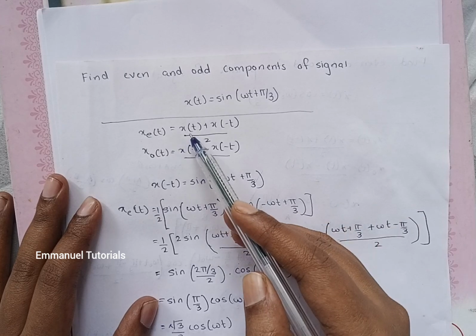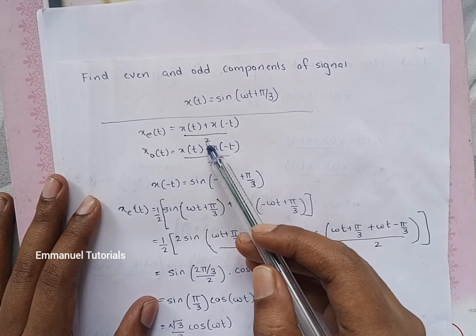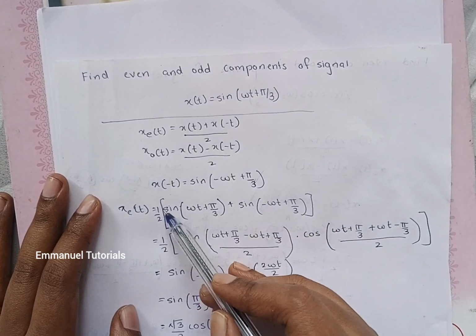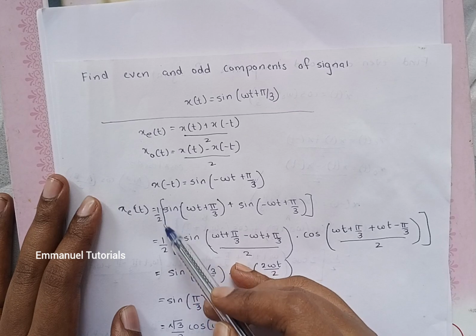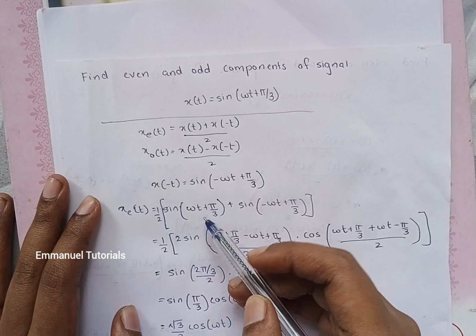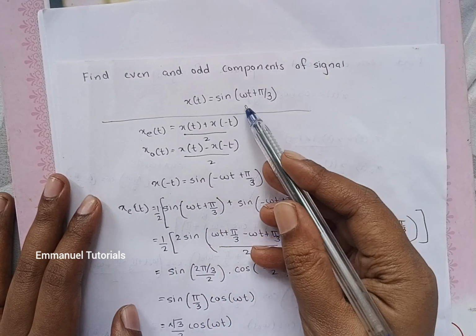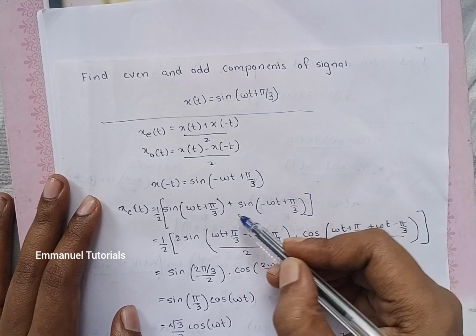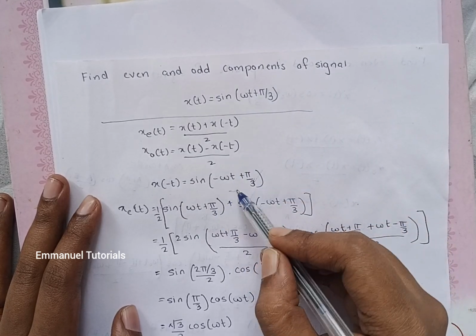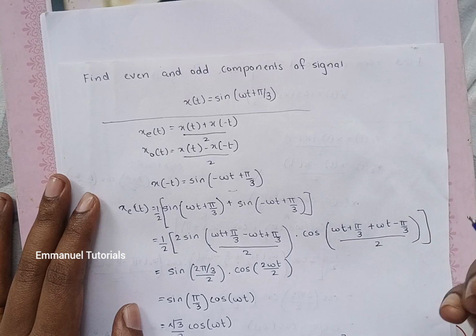Now to get the even part, what I've done is taken the 2 in the denominator outside. So it is 1 by 2 multiplied by sine of omega t plus pi by 3 plus sine of minus omega t plus pi by 3.